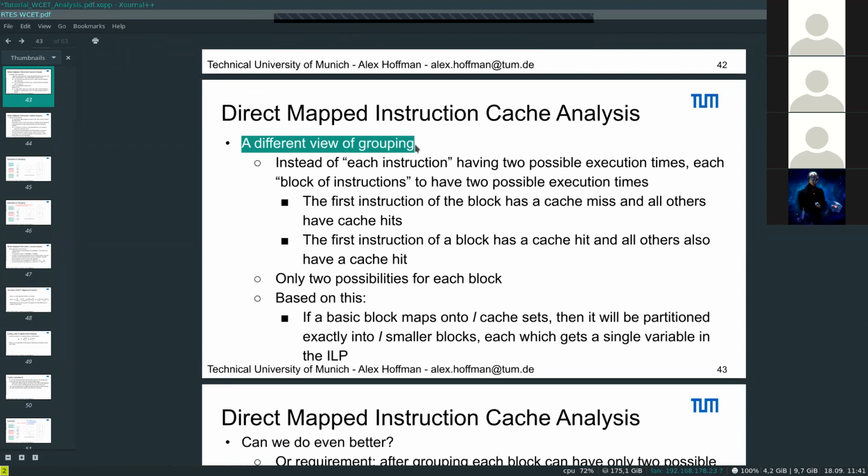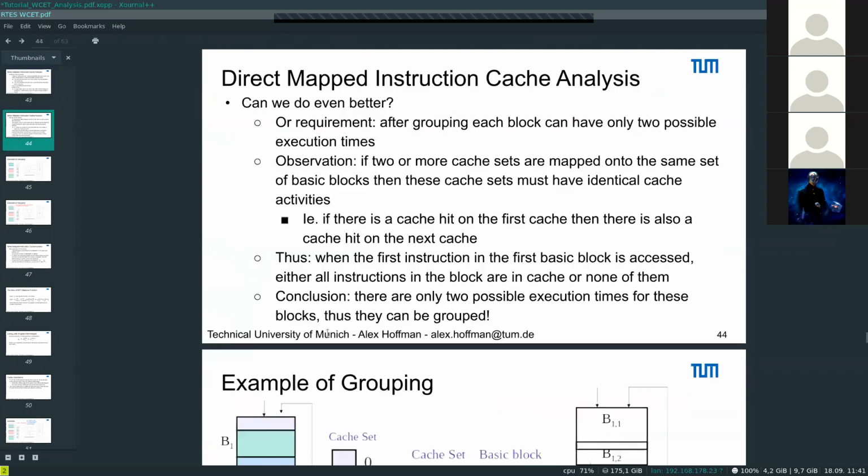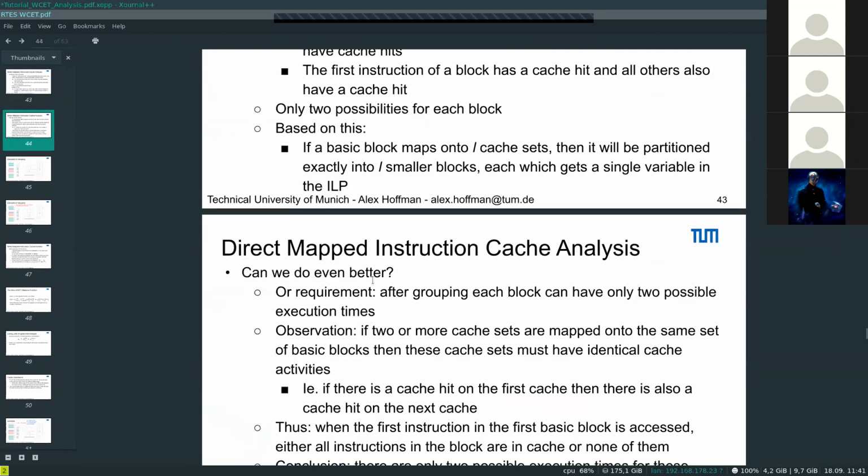And the smallest groupings that we can do is the chunk of code that falls onto the same cache line, because the hit and miss is not dependent on the basic block, but it's dependent on where it maps into cache. And so the smallest grouping that we can do is to put it into blocks of instructions that have the same cache line.